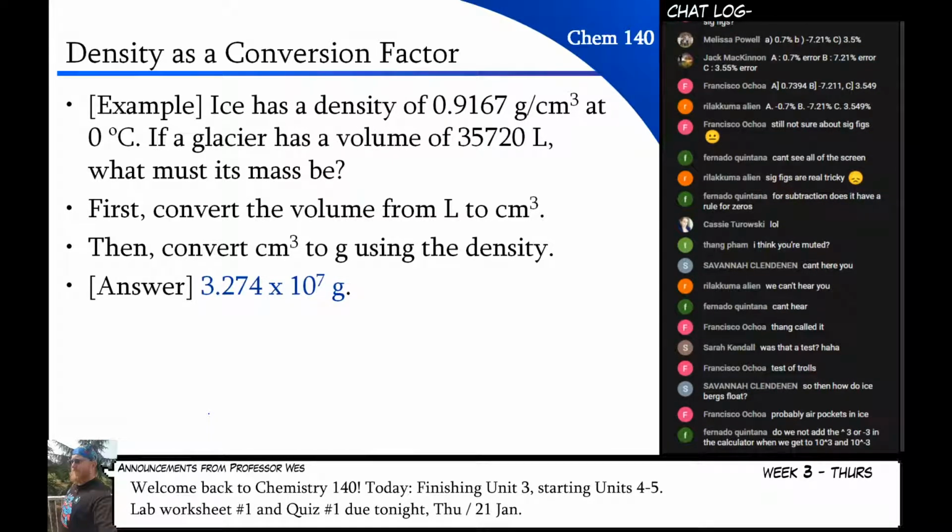All right. Oh, question. Do we not add the 10 to the 3 or 10 to the minus 3 in the calculator? I don't really have a way to show you this, so let me do this. Depending on your calculator, what calculator do you have? Can you tell me that? Because what I'll do is I'll just go to a Google image search and I'll find it. So TI-83 is the most common.